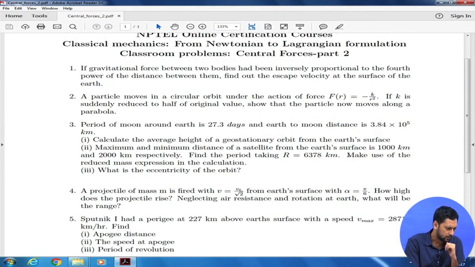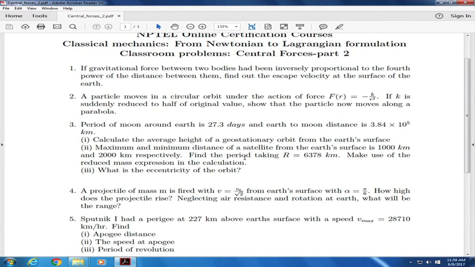Oh, sorry, this second part should not be here, it's my mistake, so please ignore this. We are interested only up to this. Question number 2: if the maximum and minimum distance of a satellite is given, we have to find out the time period.